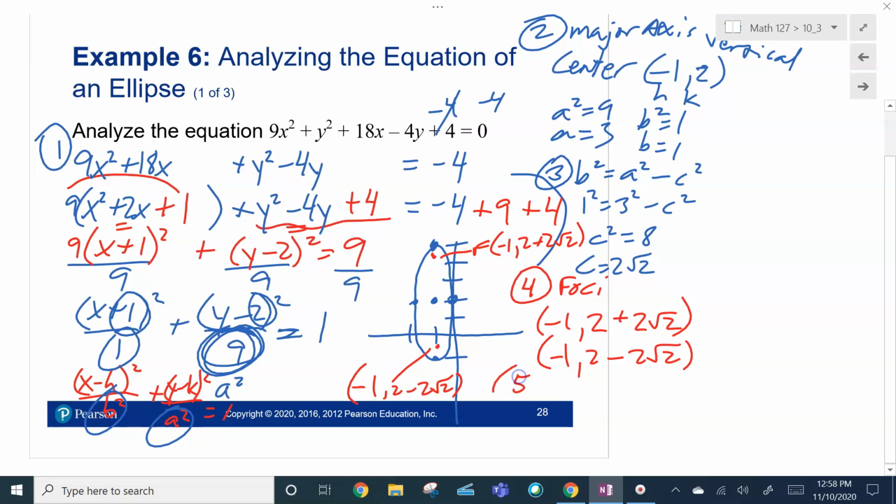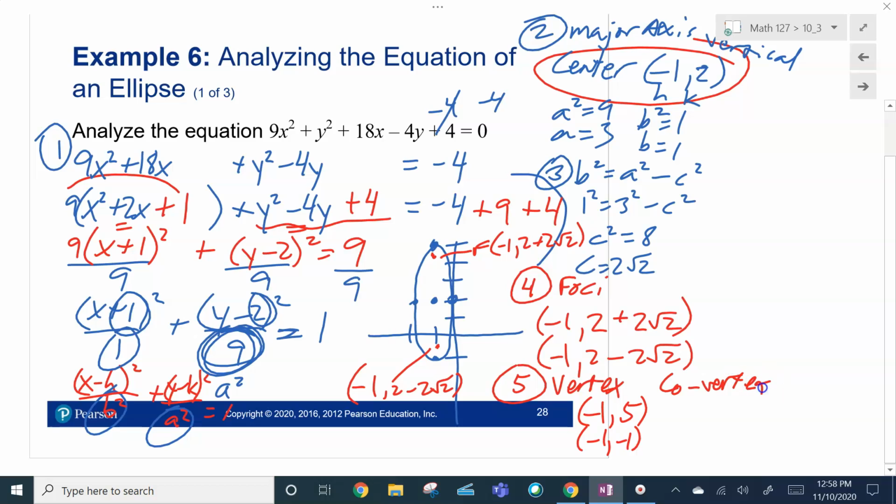I did label my center. My vertex would be at -1. Remember, we went up 3 from there. So 2 plus 3, -1, 5. The other one I went down 3, so 2 minus 3, -1, -1. My co-vertex right here and right here.